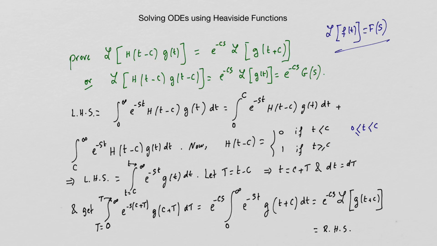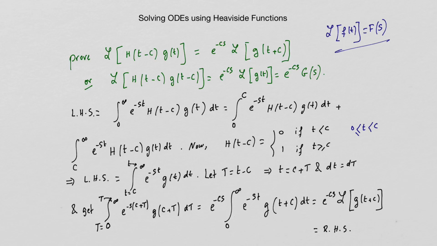So if that is the case, this is a very similar proof to something we did last time. We're going to break this integral into 0 to c and then c to infinity. That's the same thing as going from 0 to infinity. And the reason we break it that way is so we can take advantage of this. From 0 to c, t is less than c, so h of t minus c is 0, which makes this entire part 0.